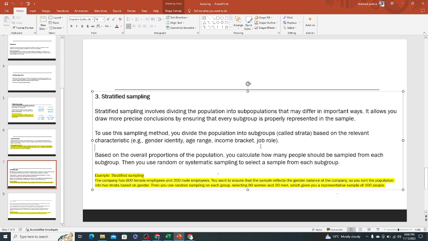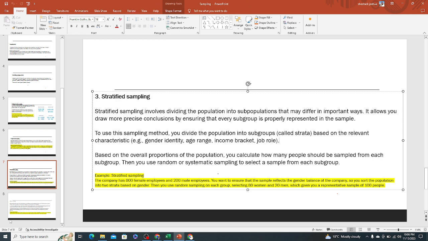Then after that, you either use random selection, like if it is IT, you need 3 people out of the 10. You can randomly select them, or you can systematically select them as well. So you can see this involves first dividing your population into strata or subgroups, and then sampling out of those groups.